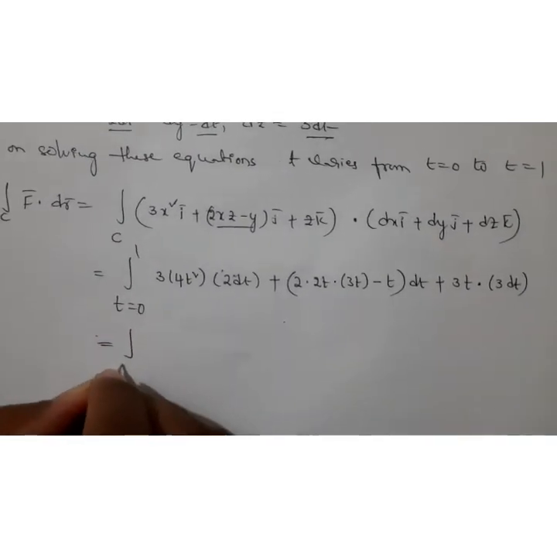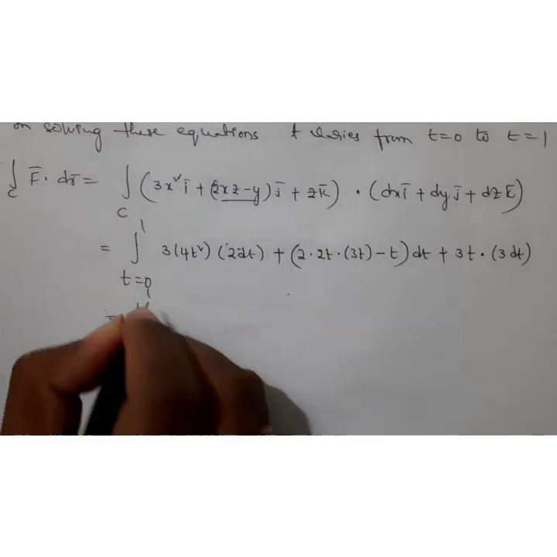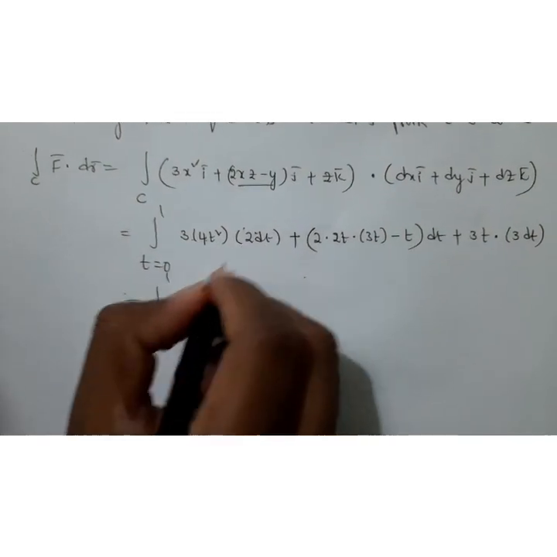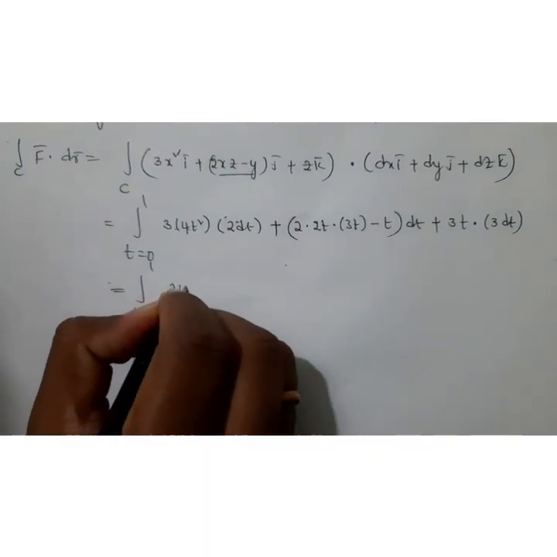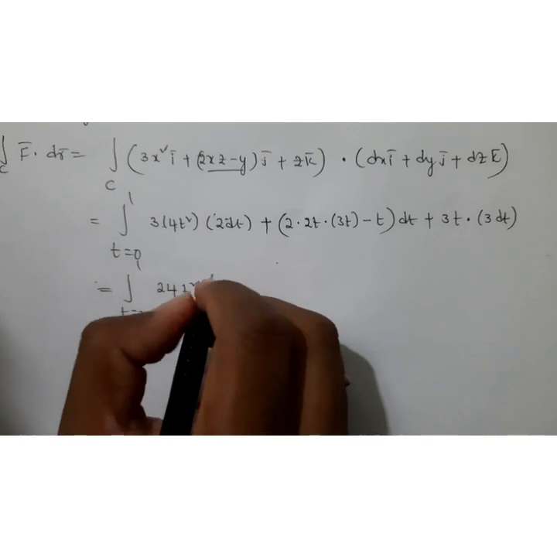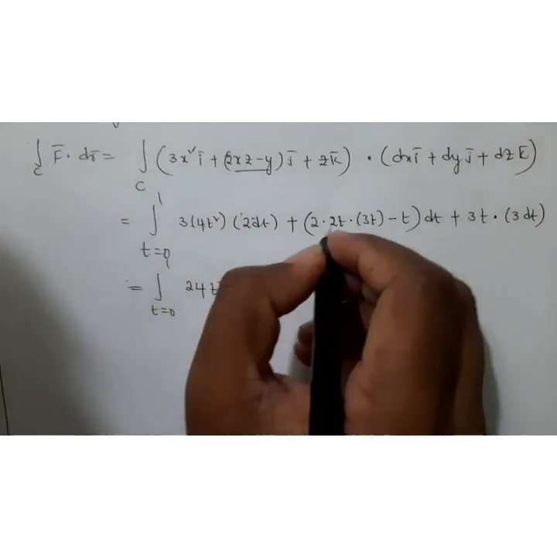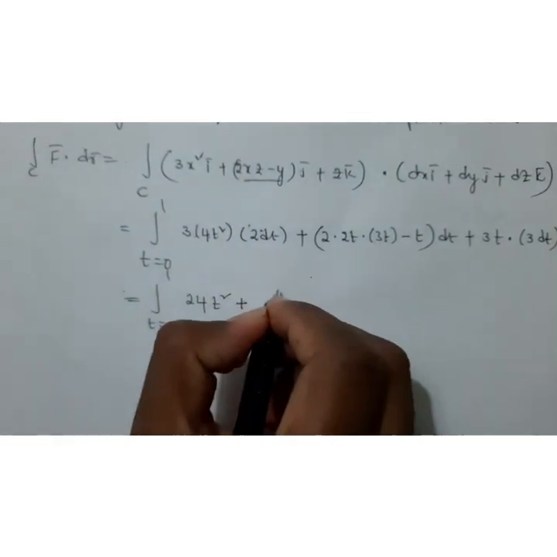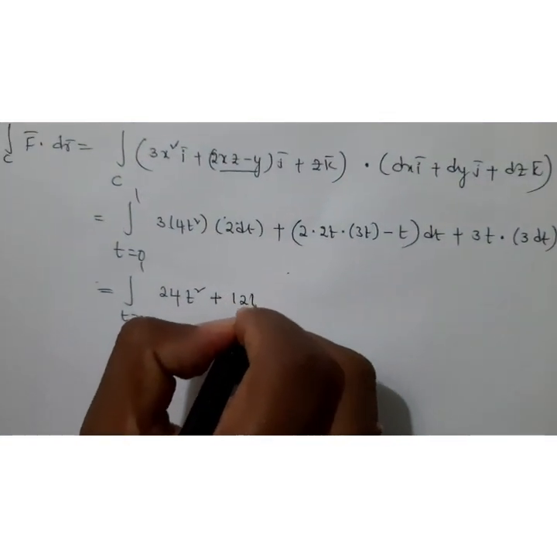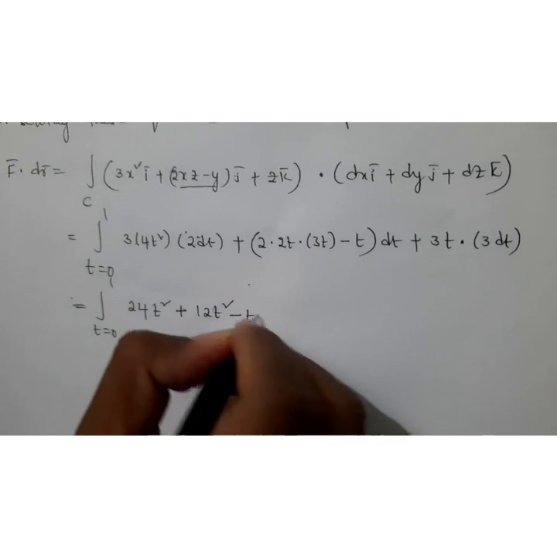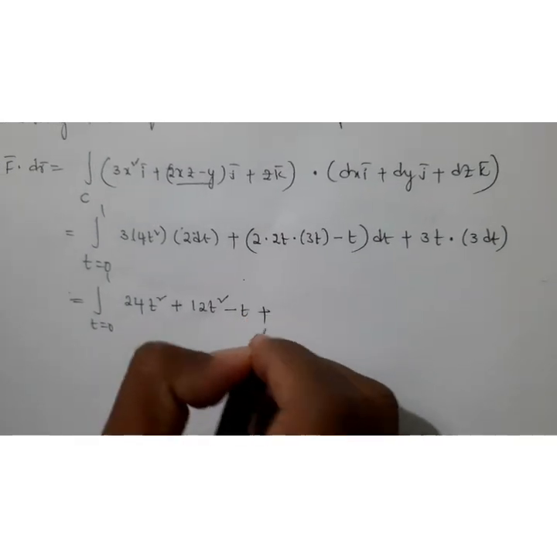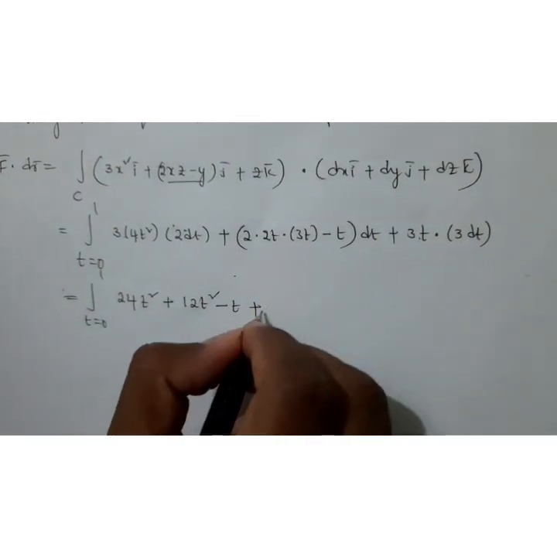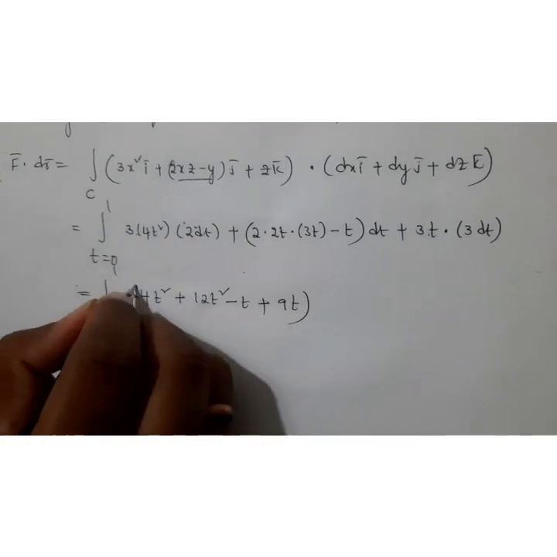It is equal to integral t equal to 0 to 1, 3 4s are 12, 12 2s are 24, 24t square plus 2 2s are 4, 4 3s are 12, 12t square minus t plus 3 is 9t, into dt.